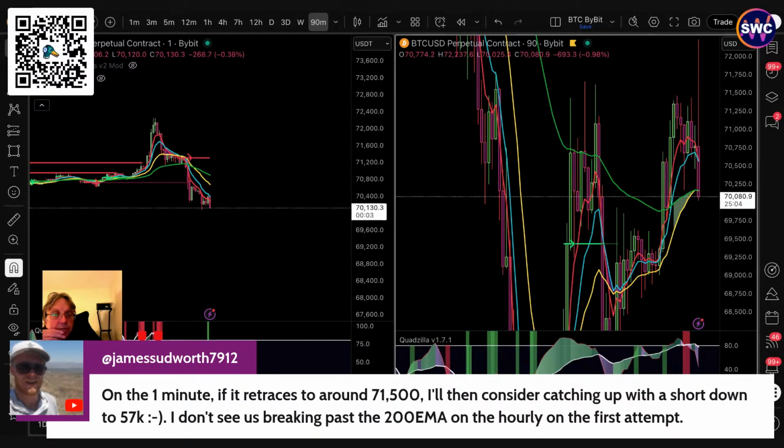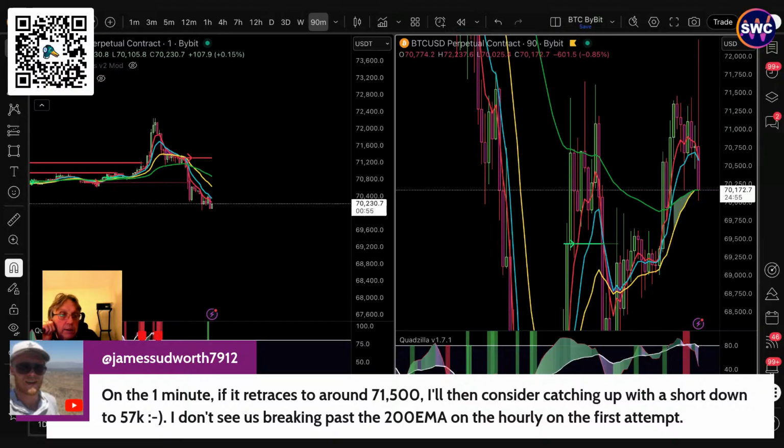On the 1 minute, if it retraces to around 71.5, I'll then consider catching up with a short down to 57k. I don't see us breaking past the 200 EMA on the hourly on the first attempt. 200 EMA on the hourly.